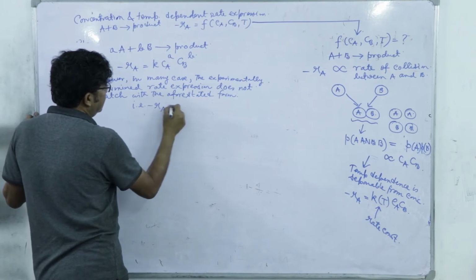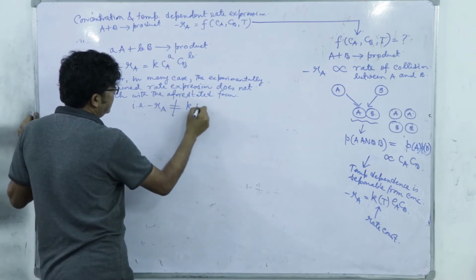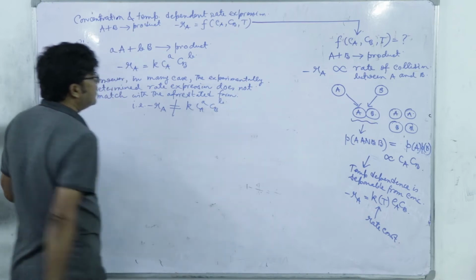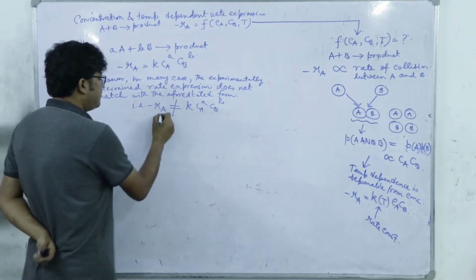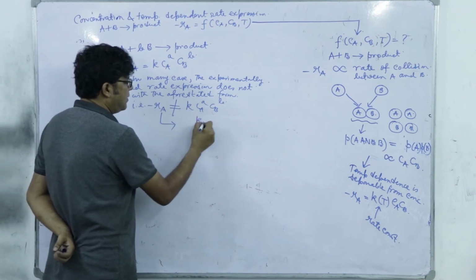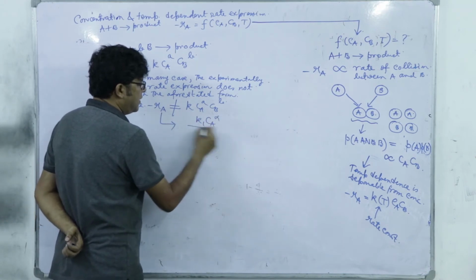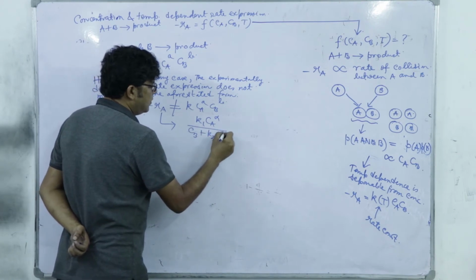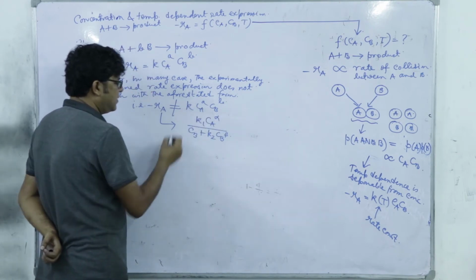That is, minus RA is not at all representable by Ca to the power alpha, Cb to the power beta, but rather as an example it may be K1 into Ca to the power alpha divided by Cb plus K2 into Cb to the power beta, something like that.